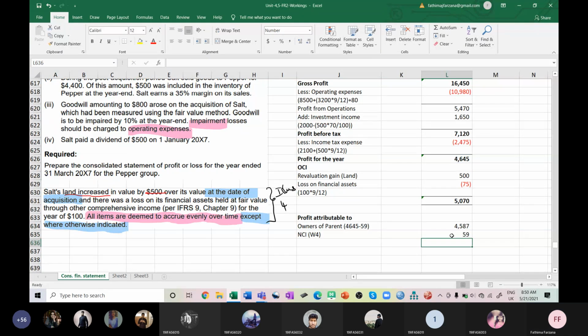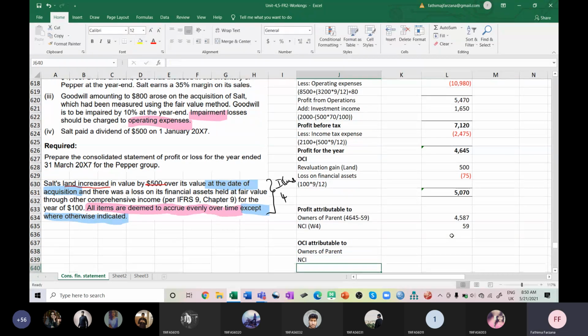One more: profit attributable to, that is, OCI attributable to. Other comprehensive income also you have to find. Also owners of the parent.